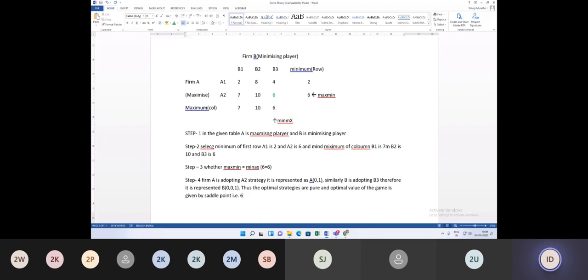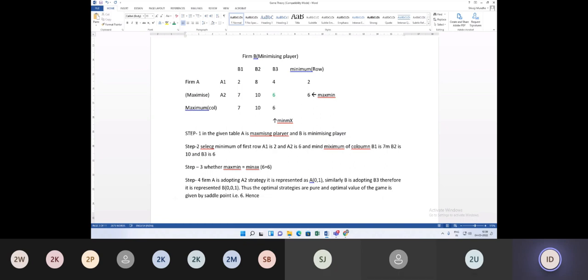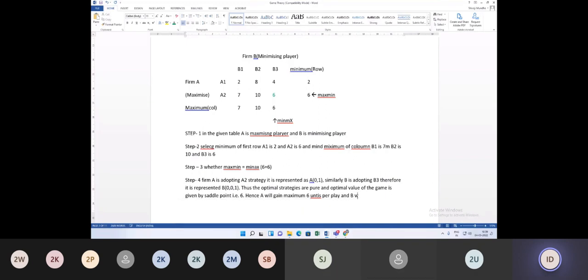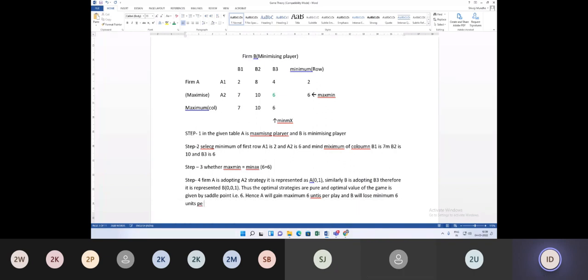Hence, A will gain maximum 6 units per play, and B will lose minimum, not maximum, 6 units per play.